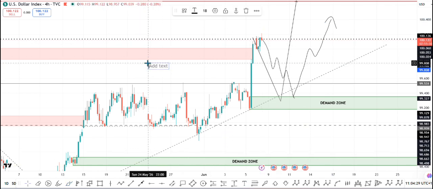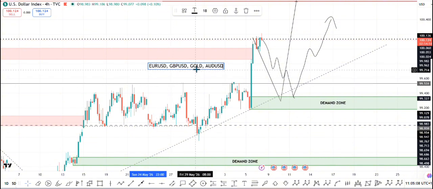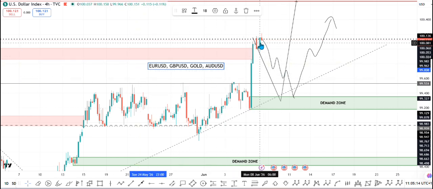You'll be looking for opportunities to buy Euro USD, GBP USD, even gold, and AUD USD. So Euro USD to rally, GBP USD to rally, gold to rally, then AUD USD. All of these assets would have to go up if this plays out.